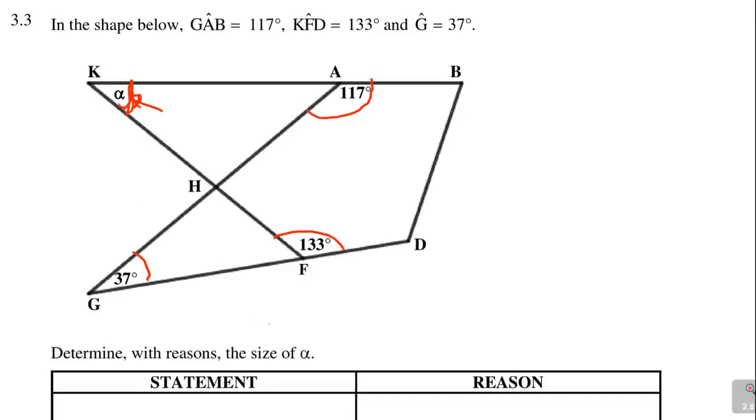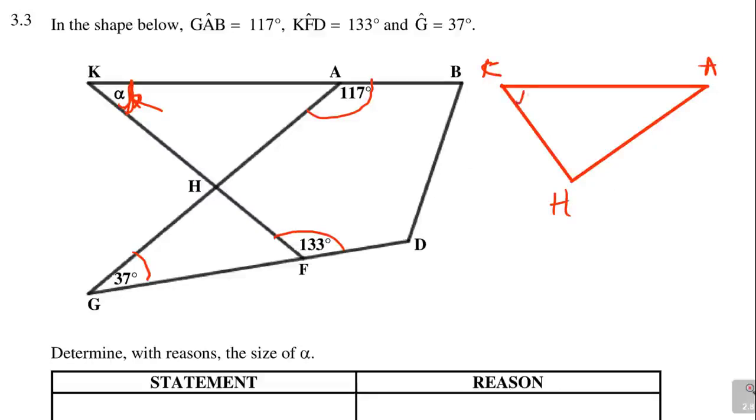Alright, this is what I want to do. I'm going to come up with my triangle like this, which will be K, A, and H. There are many ways.